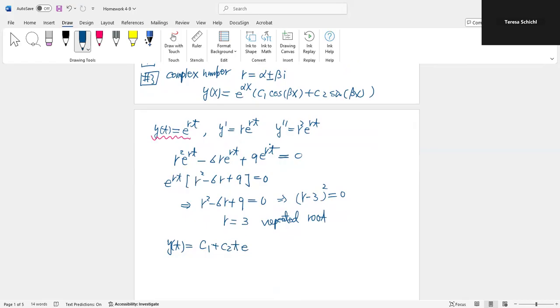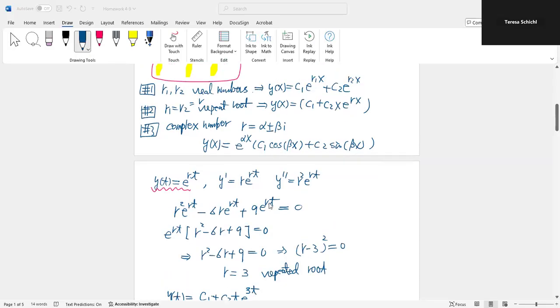What is the r here? The r will be 3, so it will be 3t here. Okay, now let's continue.